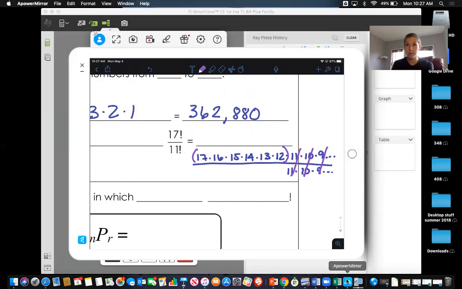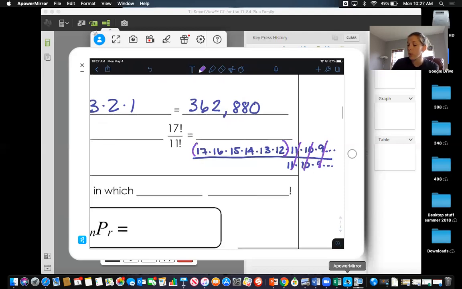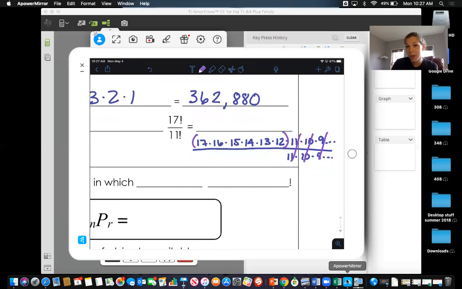Now you're going to see some problems on your homework tomorrow that require you to do some factorial properties. If I gave you something like n factorial over n minus 1 factorial, I need you to remember what factorial is.